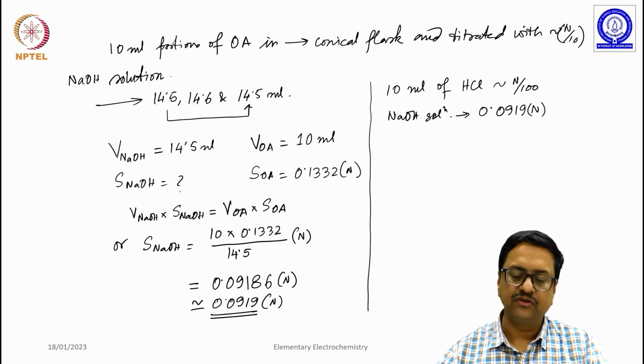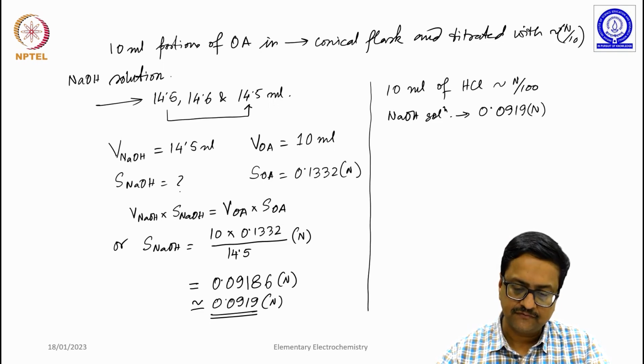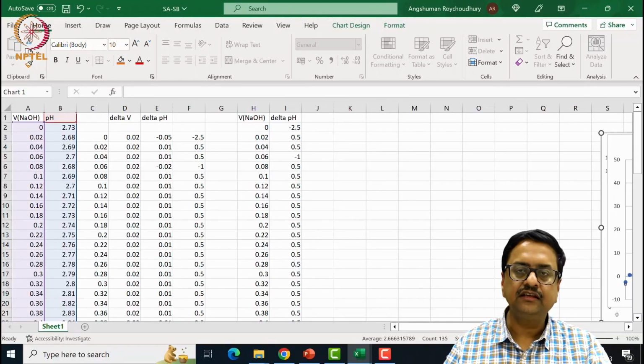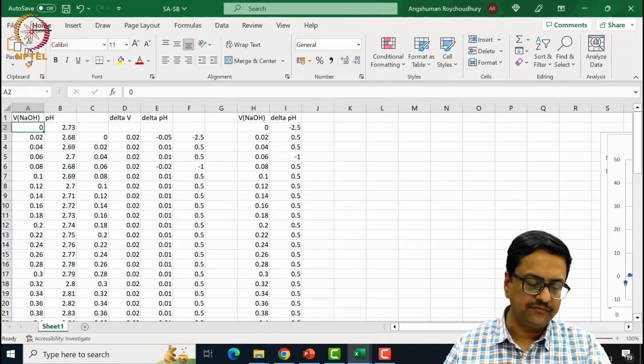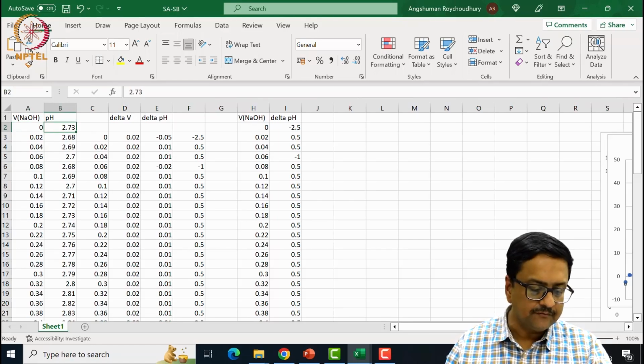Now I want to show you the data that we have recorded and how we did the data analysis. What you are seeing here on this screen is the volume of NaOH marked 0 and we started at a pH value of 2.73 and then we continued adding small fractions 0.02, 0.06, 0.08.